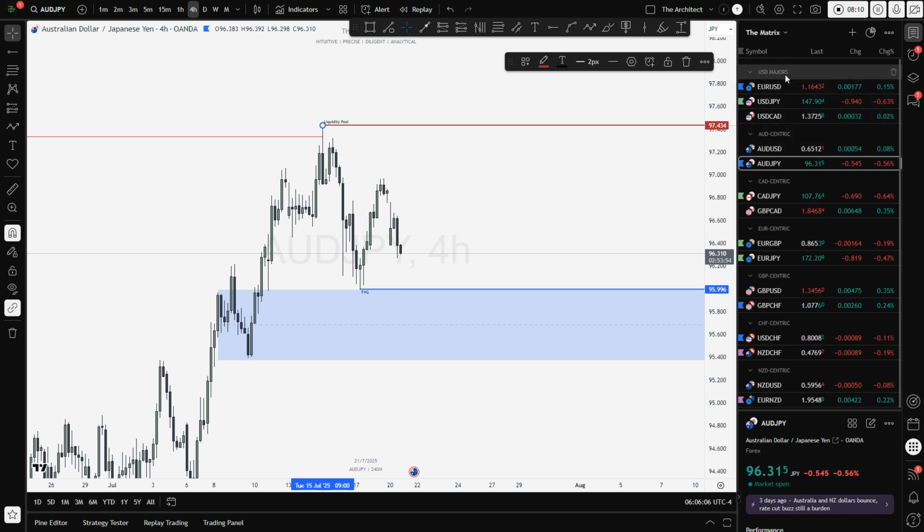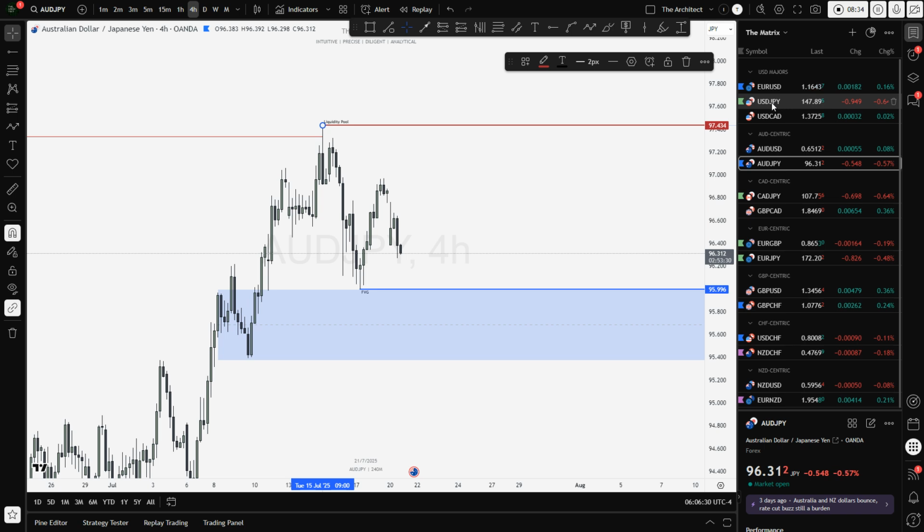So you'll notice that I categorized all my pairs. You have majors, you have AUD centrics, CAD centrics. This essentially means that if, for instance, USDJPY gives me a confirmation and I enter it, that means that I shouldn't be trading any other pair in this USD majors category.